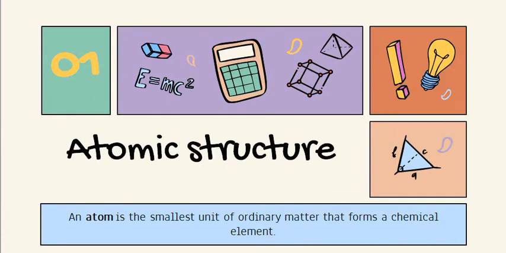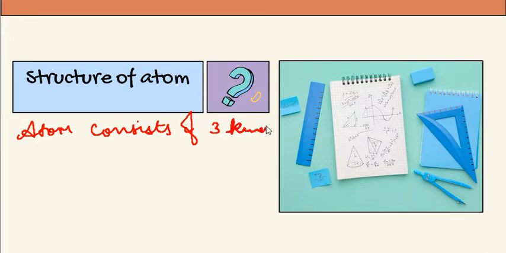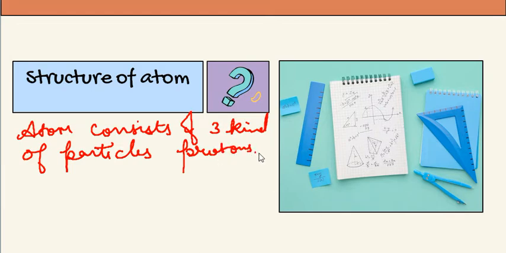First of all, we are going to study atomic structure. According to Niels Bohr's model, an atom consists of three kinds of particles: protons, neutrons and electrons.